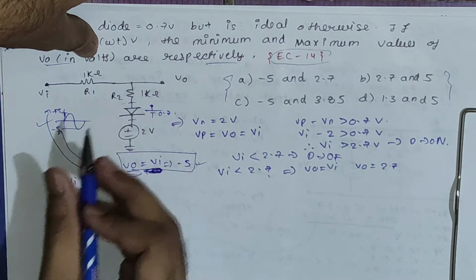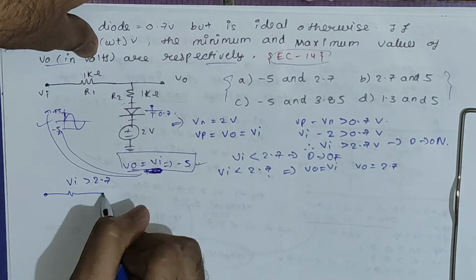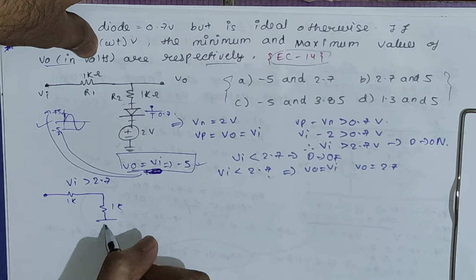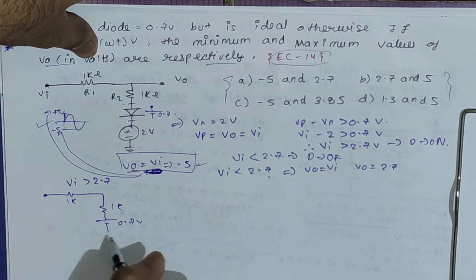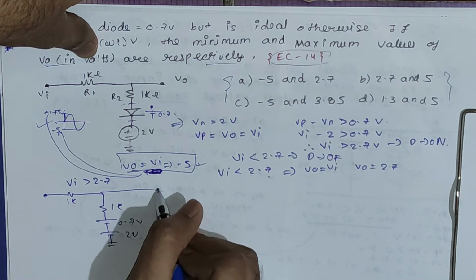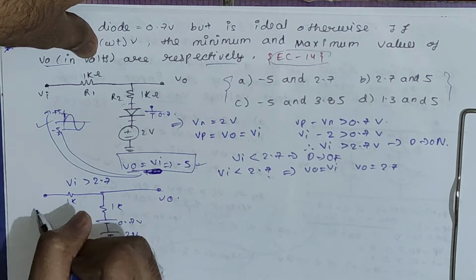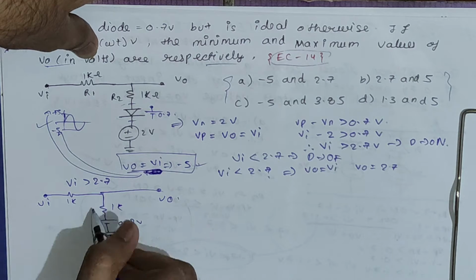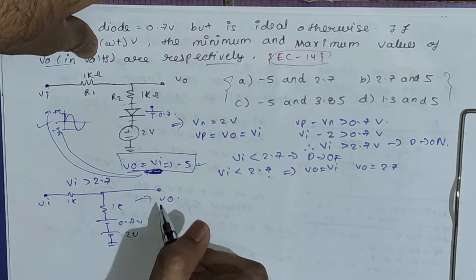Now the circuit you get is this one. This is your 1k resistor, 1k resistor, this is your 0.7 volt and plus minus 2 volt. This is the circuit and the voltage at this node is Vo, and this is Vi. Basically we have to find out the voltage across this branch to get the output voltage.